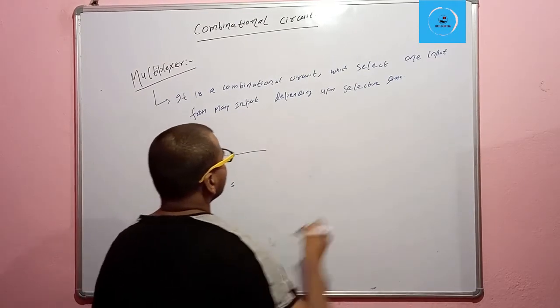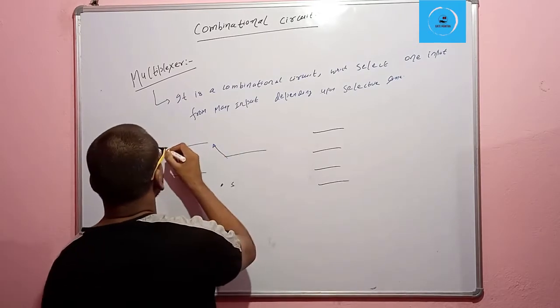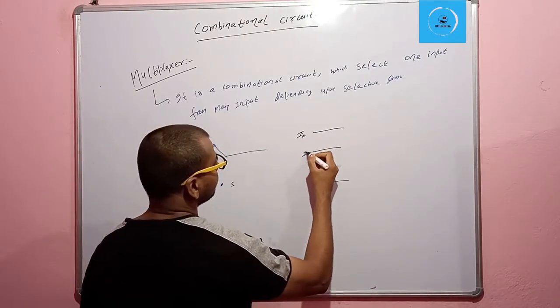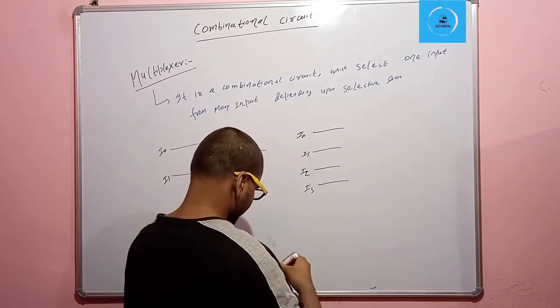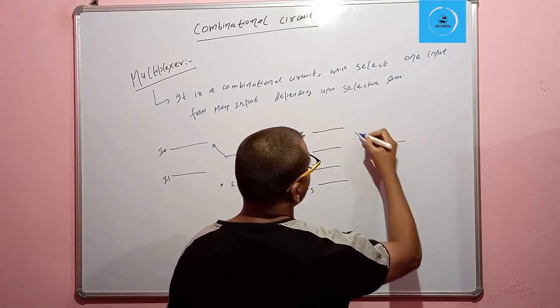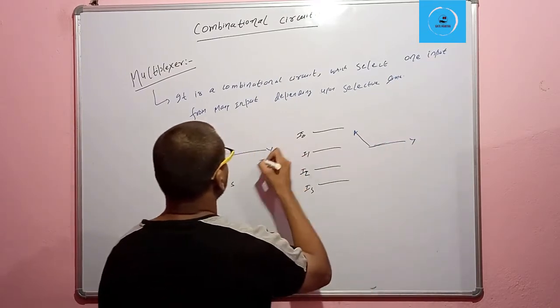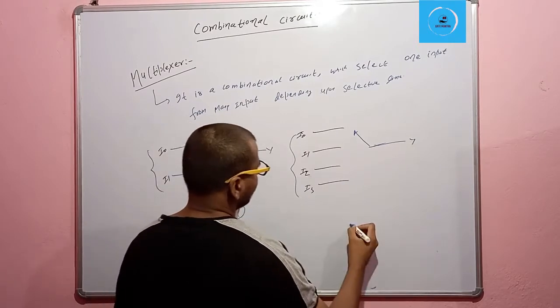When there are 4 lines, then we are going to give 4 data. Okay, and here is the output Y. This is the input, this is the input, this is figure 1, this is figure 2.